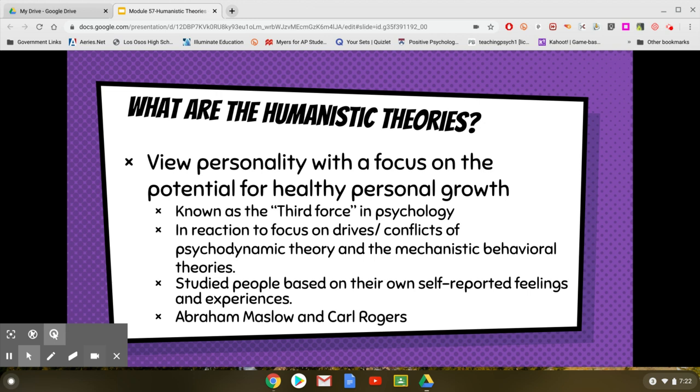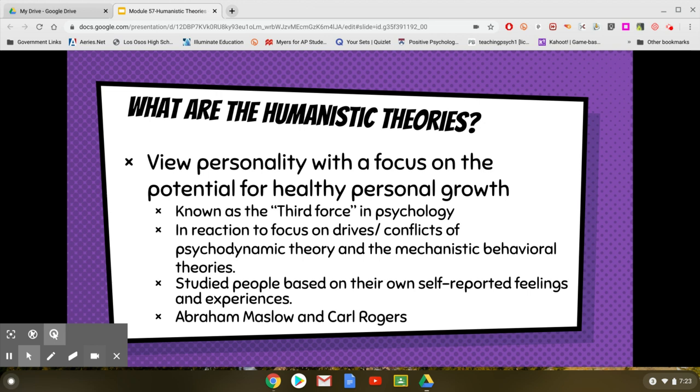This theory was really developed in reaction to the focus on drives and conflicts, as we saw in the psychodynamic theory and in the behavioral theories. Where this differs a lot is that humanistic theories focus on people's self-reported feelings and experiences.